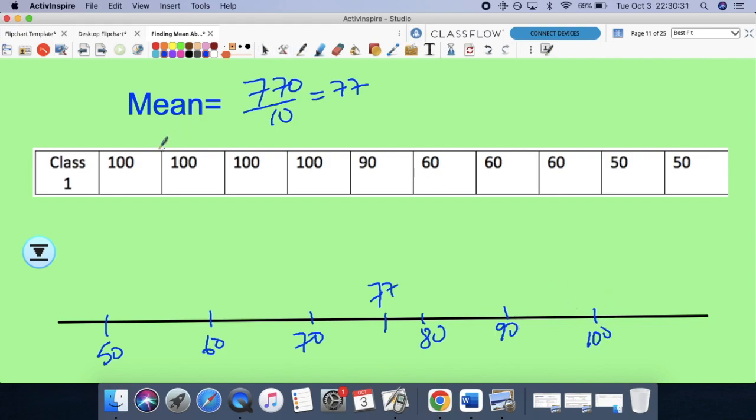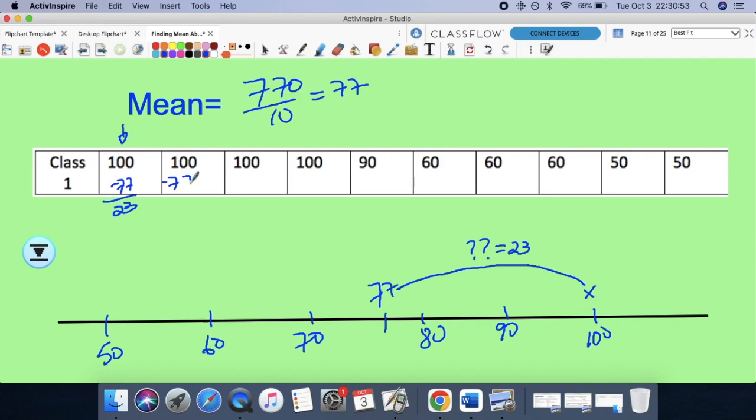Let's talk about this guy over here. What is the distance from 100 to 77? To find the distance, I'm going to do 100 minus 77. So this distance equals 23. If you're 100 and you're walking to 77, that's 23.